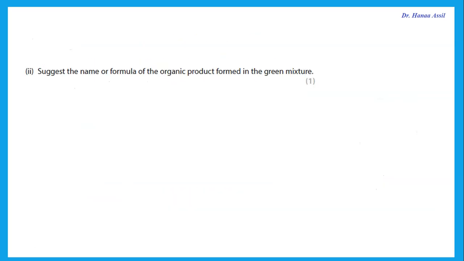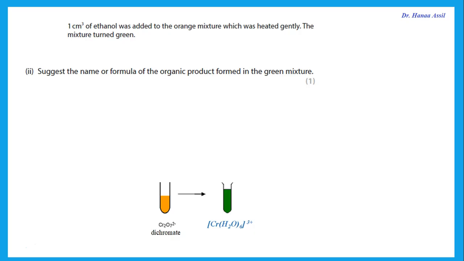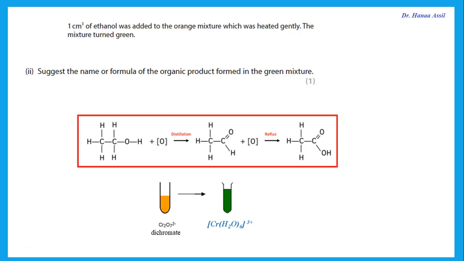So just the name or formula of the organic product formed, we said we added ethanol to what we now have decided is the dichromate. So we said if we add dichromate to ethanol, the ethanol is oxidized and my product is ethanal. Remember that oxidation of ethanol.